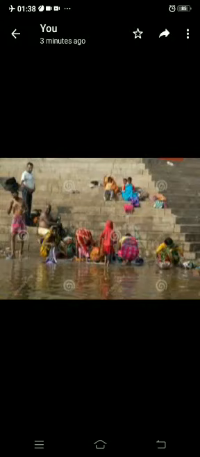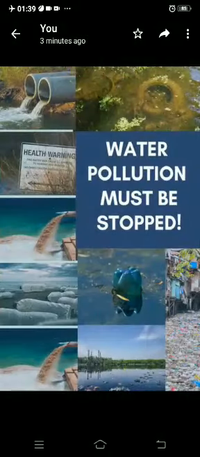Bathing, washing clothes, etc. in the rivers must be discouraged. All chemical waste should be treated before being disposed of because litter makes the water bitter. So, water pollution must be stopped.